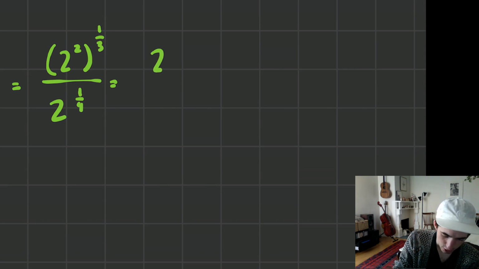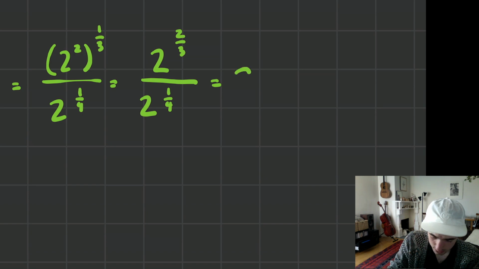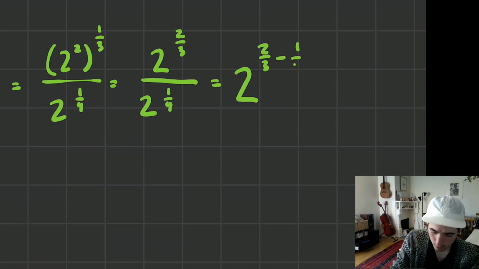So this is equal to 2 to the power of 2/3 over 2 to the power of a quarter. So now I've got the same base, so it's 2 to the power of 2/3 minus 1/4.